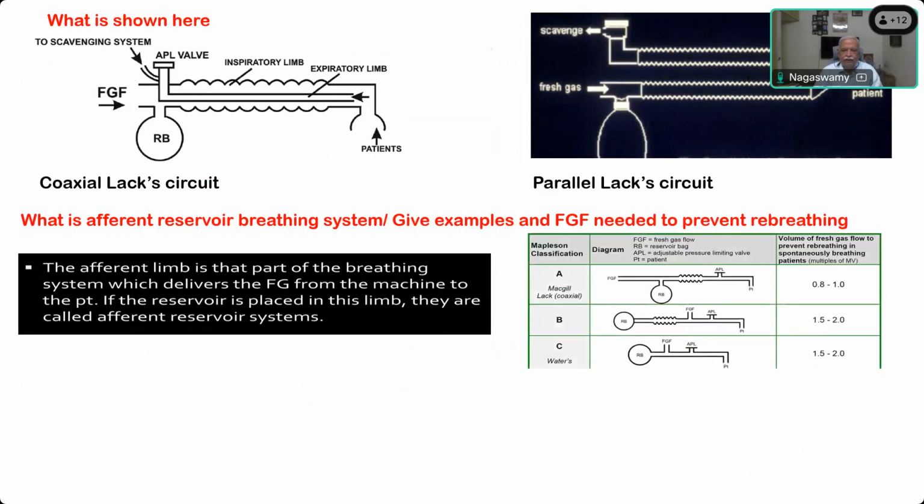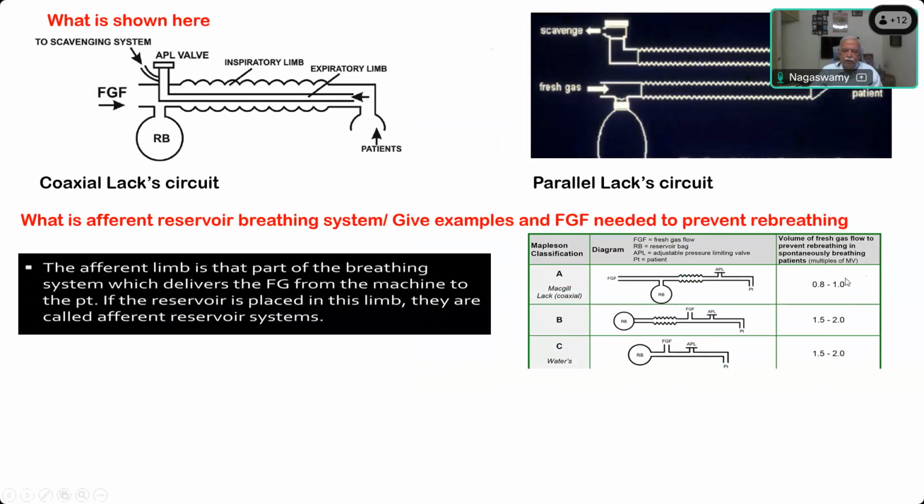The examples are Mapleson A. You can see the McGill's or Lack: fresh gas flow is coming here, the reservoir bag is here, the corrugated tube is here, then there is an expiratory valve going to the patient. The fresh gas flow to prevent rebreathing is 0.8 to 1 times the minute ventilation.